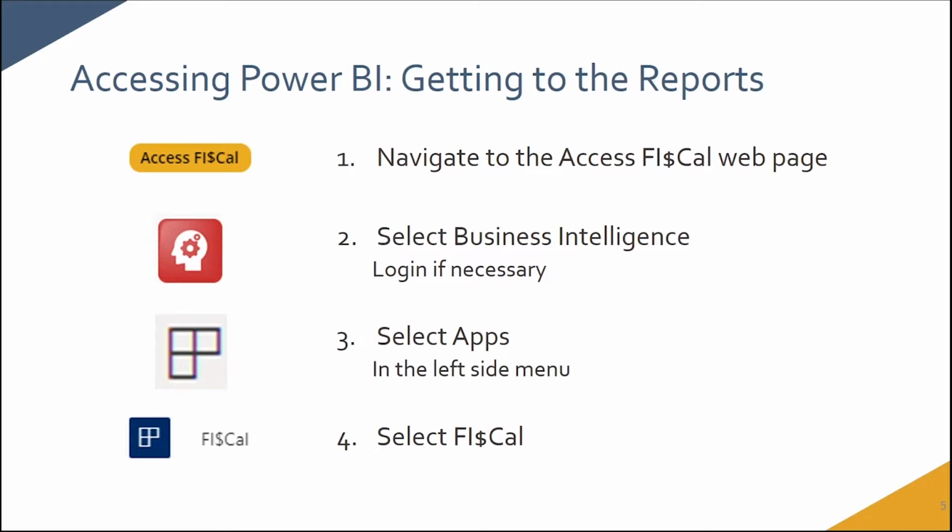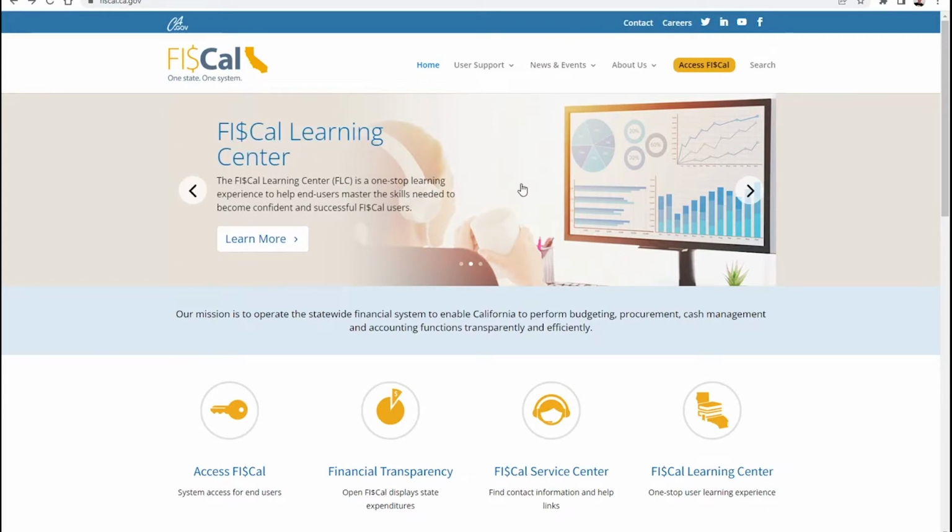Certainly, if you've been in there before, it's going to give you a list of the most recently accessed reports, but you'll always have this select apps on the left side of the screen, which I'll show you in a second. And then once you're in the apps, the Fiscal app is where all of the reports are. So it's pretty straightforward to get in. And I can show you how we do that.